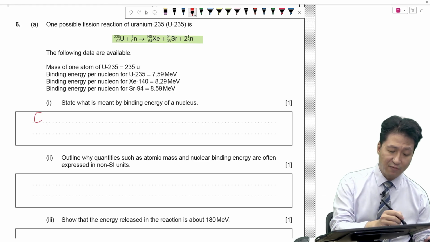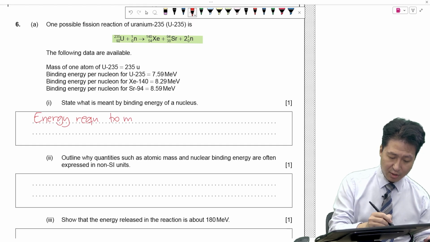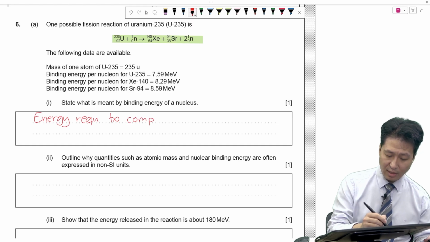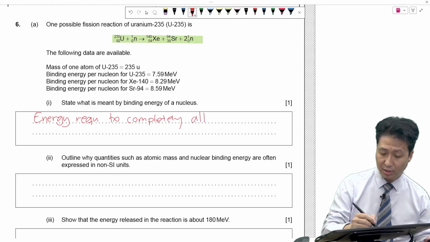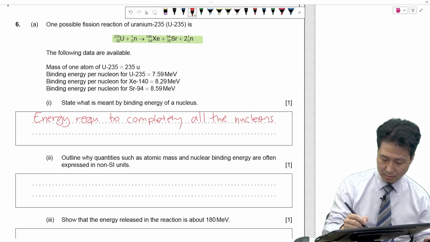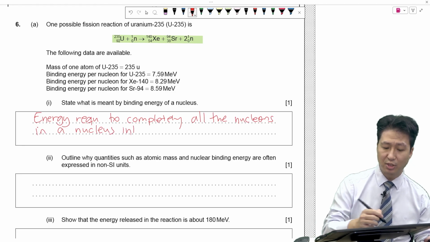And the binding energy is defined as the energy required to completely separate all the nucleons in the nucleus into its individual constituent parts.